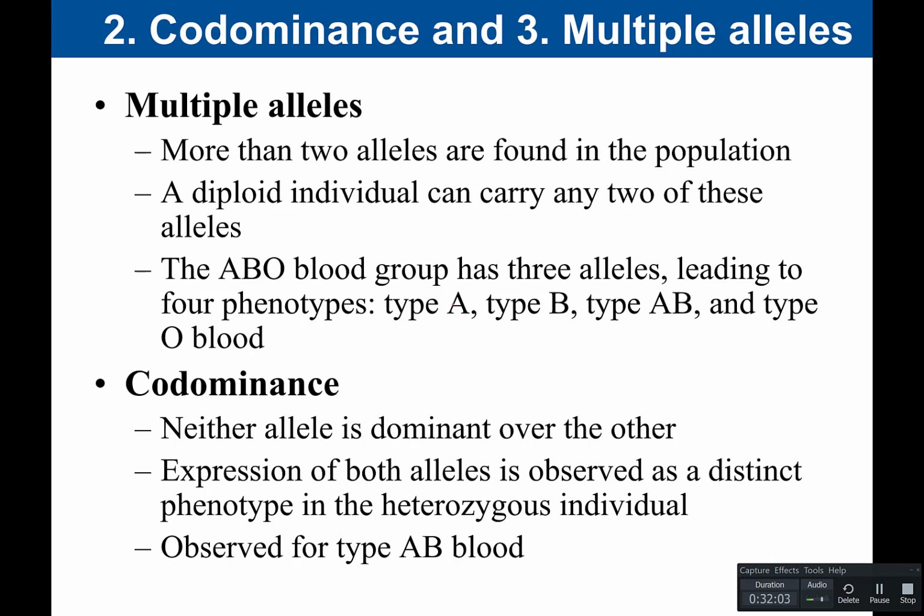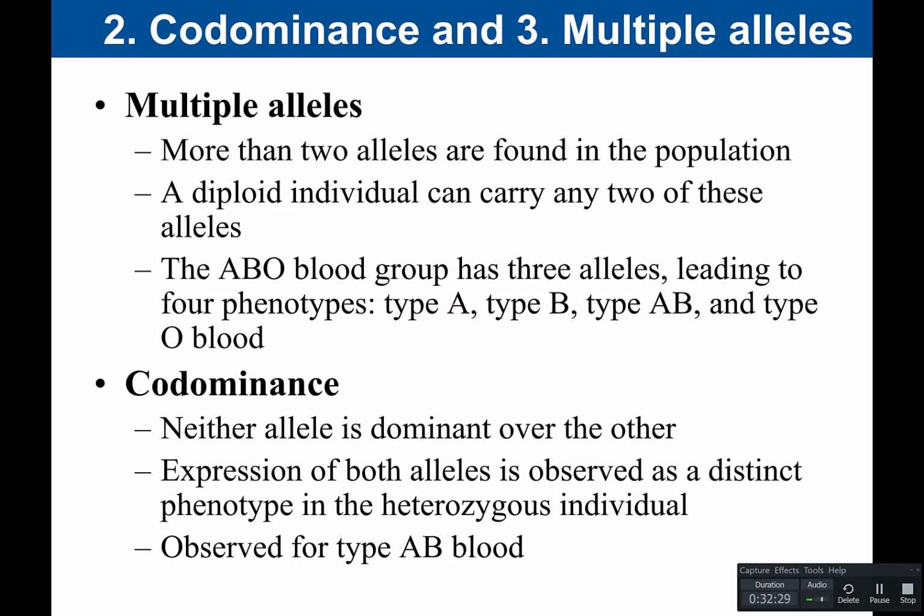However, an individual can only carry 2 of those alleles because the individual is going to be diploid and will have 2 of the homologous pairs. So even though more than 2 alleles exist within the population, a diploid individual can only carry 2 of those alleles. An example of multiple alleles is the ABO blood groups.